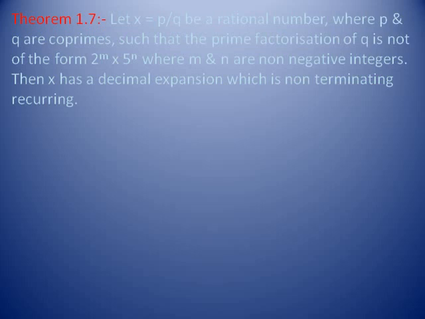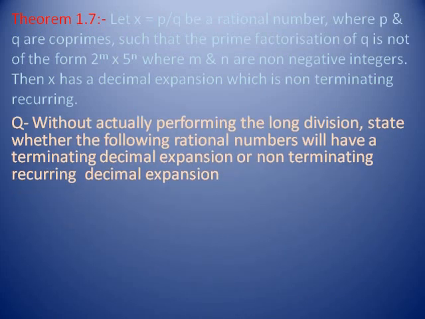Now let us solve the following question without actually performing the long division. State whether the following rational numbers will have a terminating decimal expansion or non-terminating recurring decimal expansion. Let us find the decimal expansion of 13 by 3125. To do so, we will factorize the denominator first.